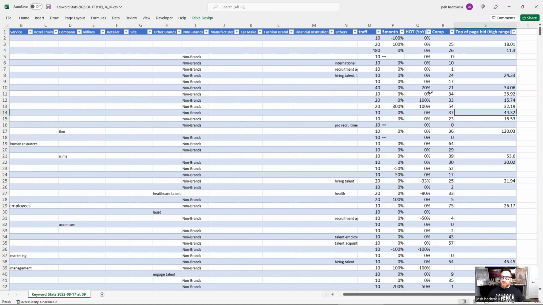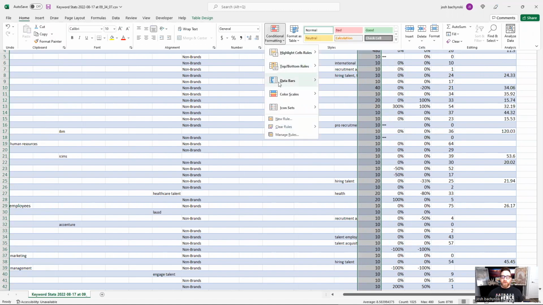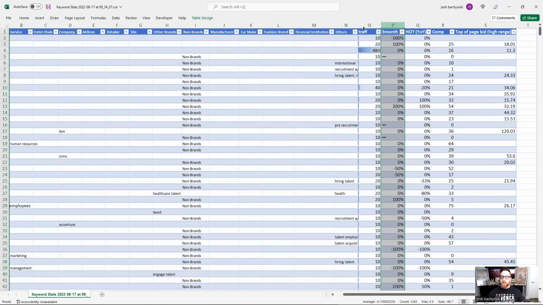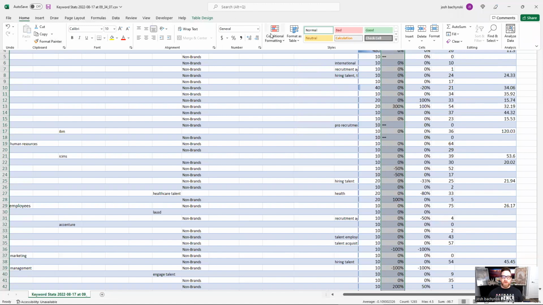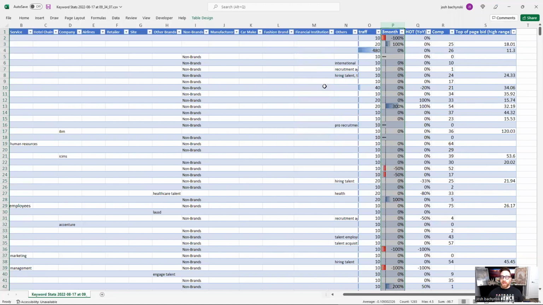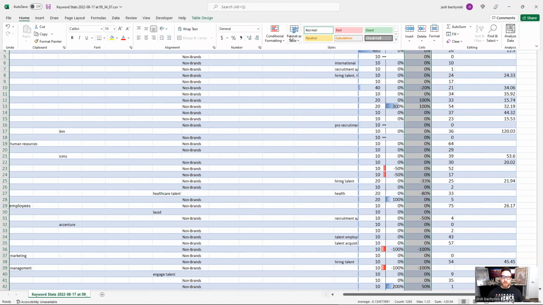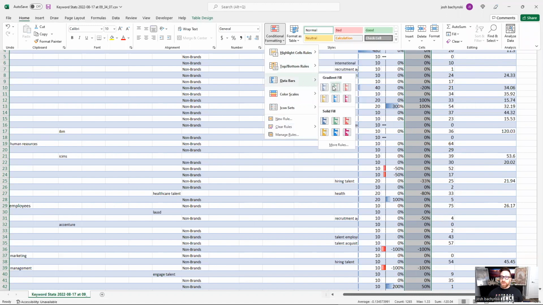Okay. So now what I'm going to do is I'm going to put some conditional formatting in here. We're going to go here and put a conditional formatting on that. We're going to go here and put a conditional formatting on that. We're going to go here, put a conditional formatting on this.